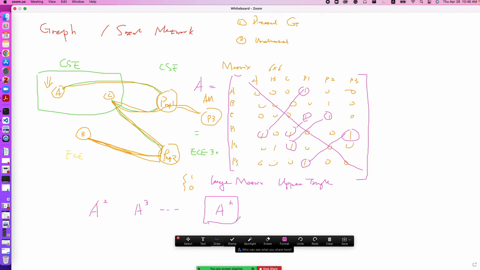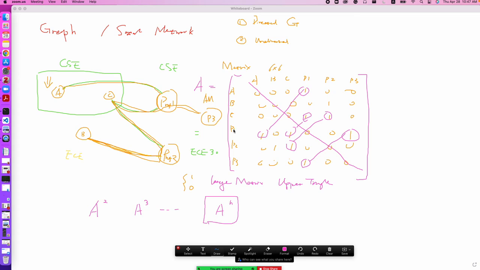It's a little bit hard, but that means by multiple times, can we still, let's say from C to P1, can we still transfer my information from me to him? For example, let's say B and A, we don't know each other.